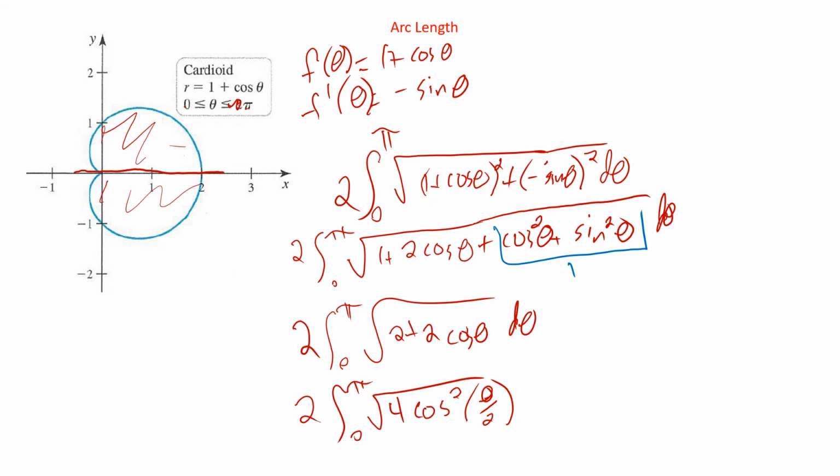Why would we want to go back like that? Because the square root and the squared will get us to 2 times the antiderivative from 0 to pi.